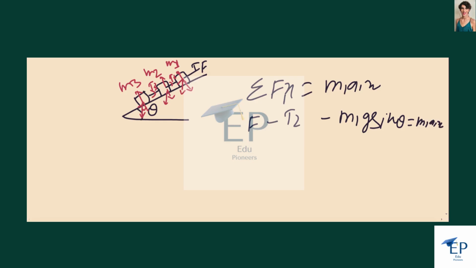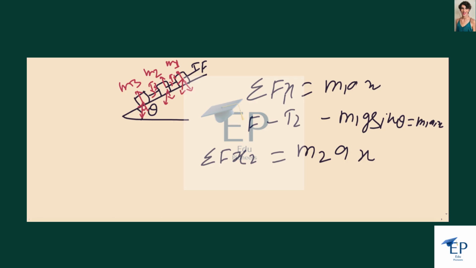And same for the second one, net force Fx for the second is equal to M2 into A2X. Obviously, A1, A2 and A3 are the same for all of them because they are connected by a frictionless and massless rope. So we are not going to use A1 or A2 over there, just AX.